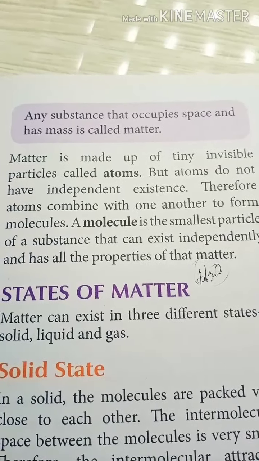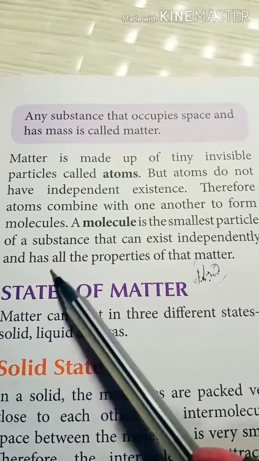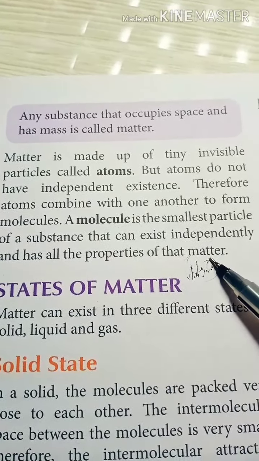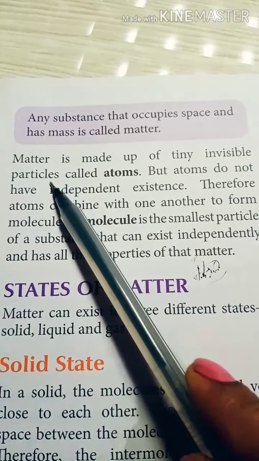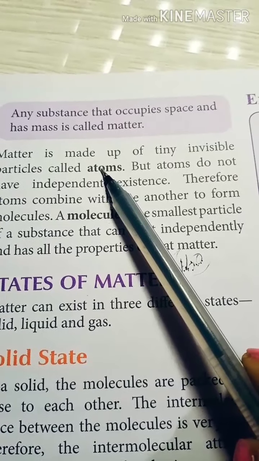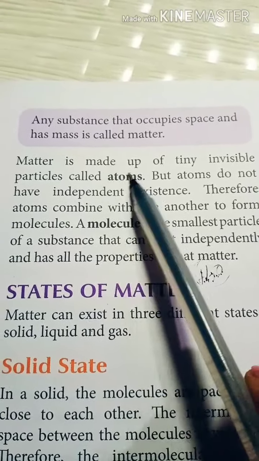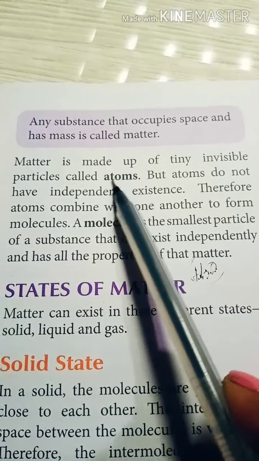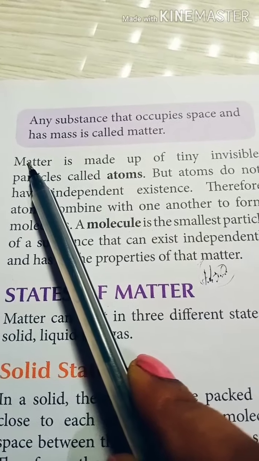Molecules can exist independently, so they show all the properties of matter. Matter is made up of molecules, molecules are made up of atoms, and atoms are the basic particles from which matter is prepared.